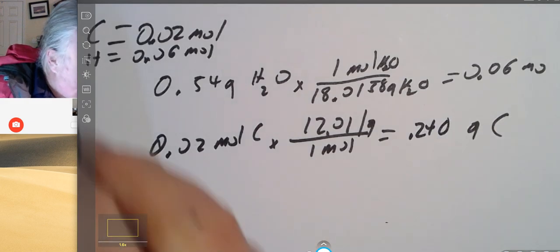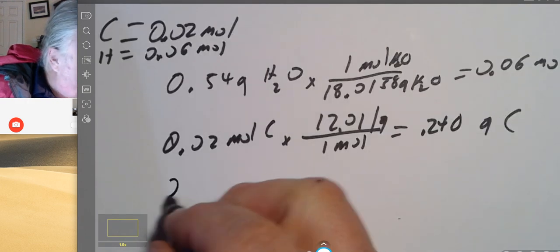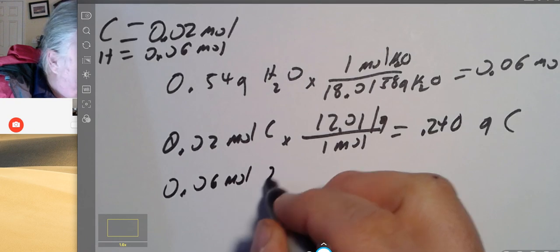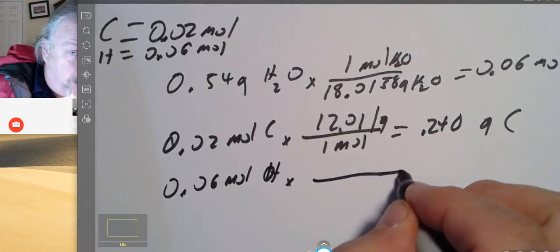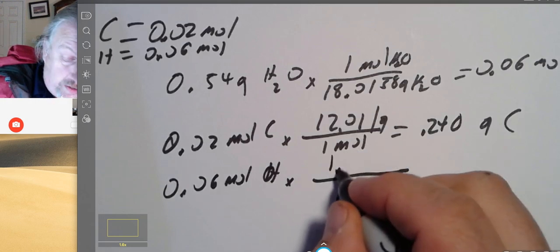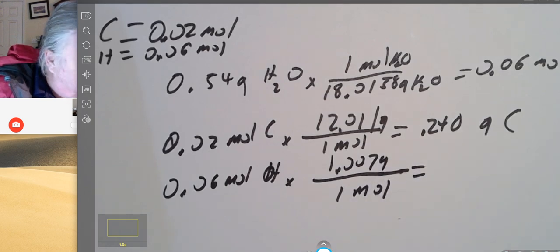0.240 grams of carbon. All right, my hydrogen, I had 0.06 moles in the compound. If I multiply that times the atomic mass of hydrogen, which is 1.0079, that's going to give me a grand total.